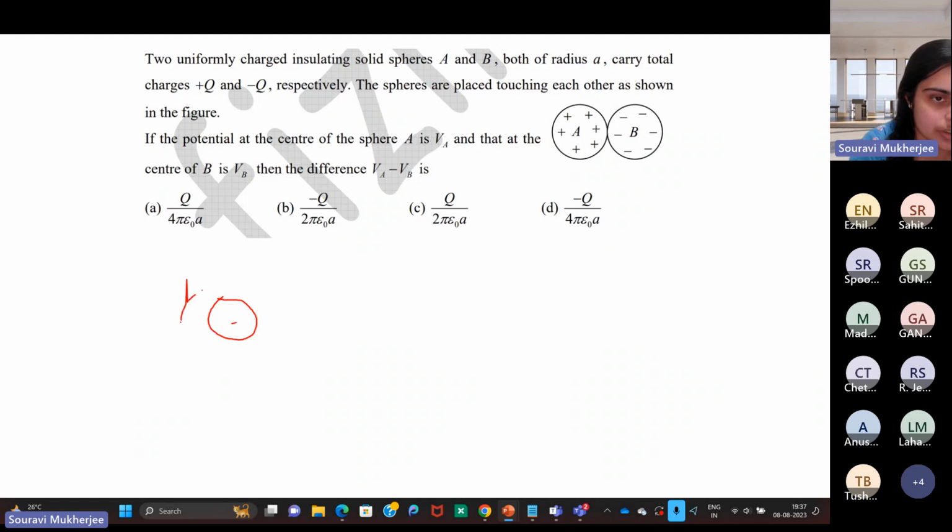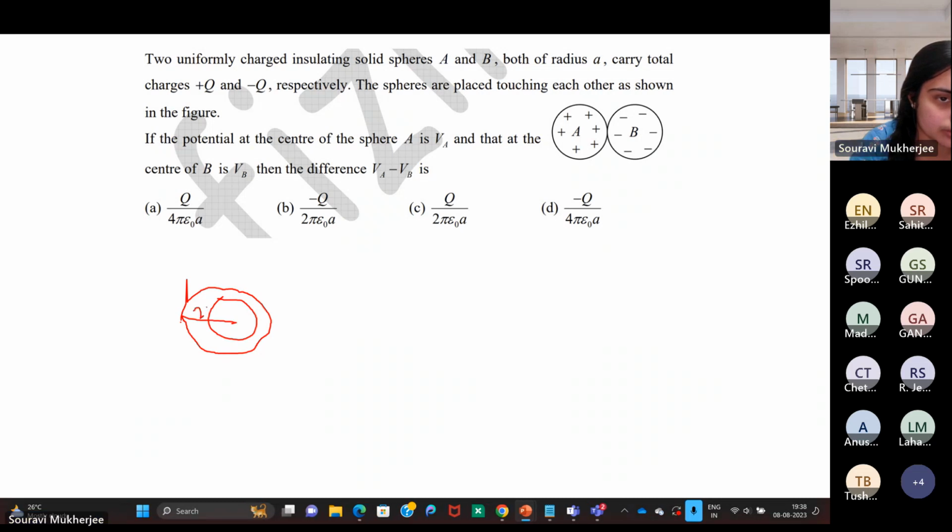So you can consider another sphere of radius 2a, and then use Gauss's law. That would directly give you the field at this point.